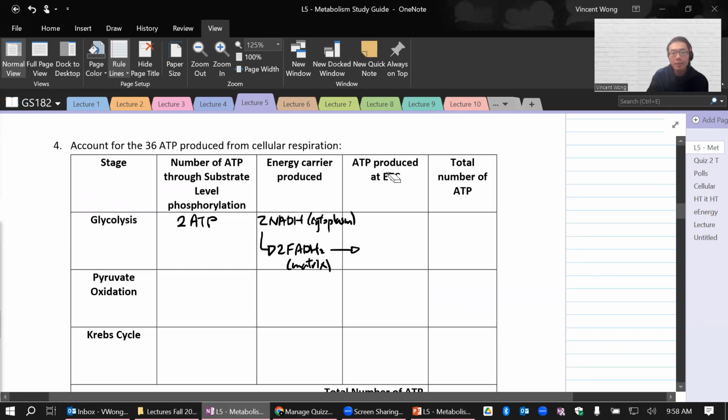So how many ATPs are produced? Well, we're going to multiply this by 2, which gives me 4 ATP. The total number of ATP from glycolysis, either directly using SLP or indirectly using oxidative phosphorylation, is 6 ATP.